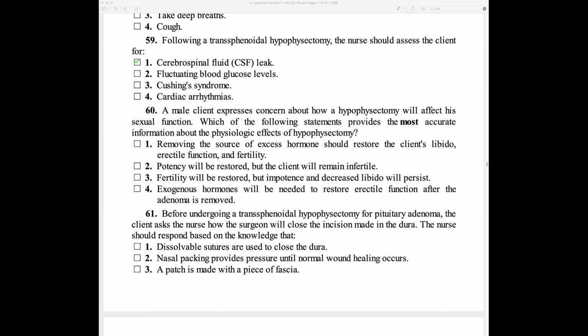So remember, our priorities here are monitoring the vital signs for signs of increased ICP, and monitoring if they're frequently swallowing or frequently clearing their throat, to report a possible postnasal drip or any drainage coming from their nose, especially if it's clear.